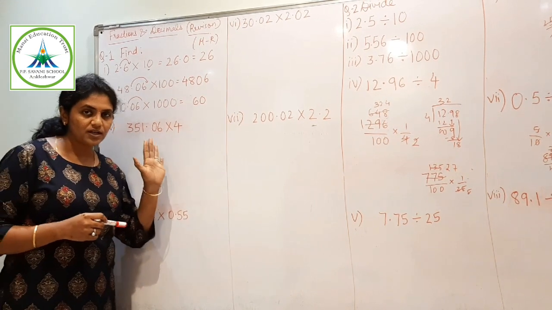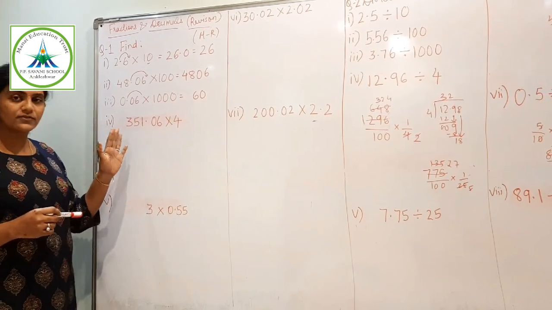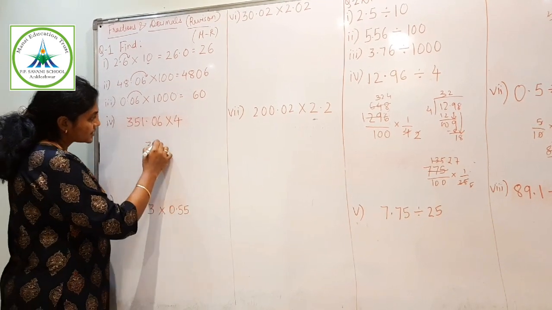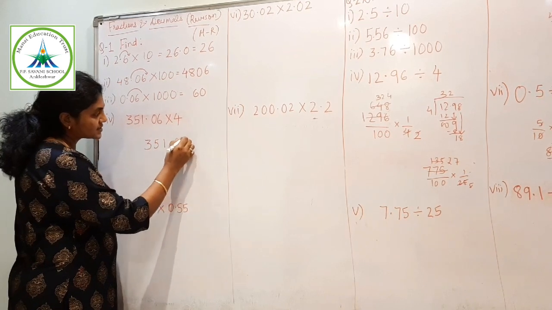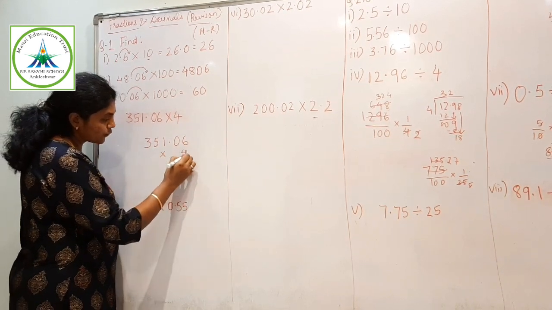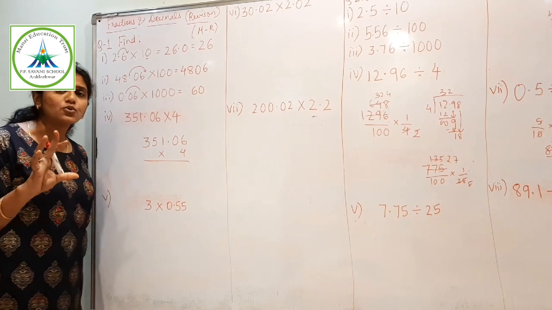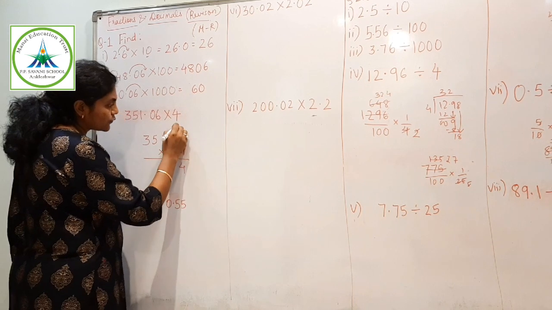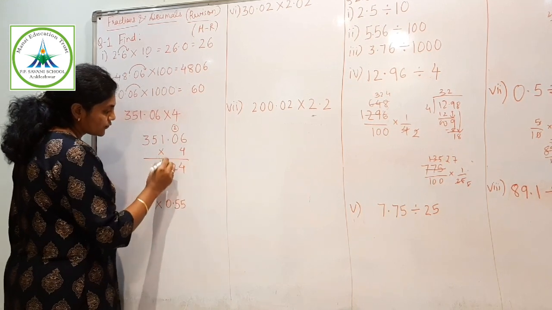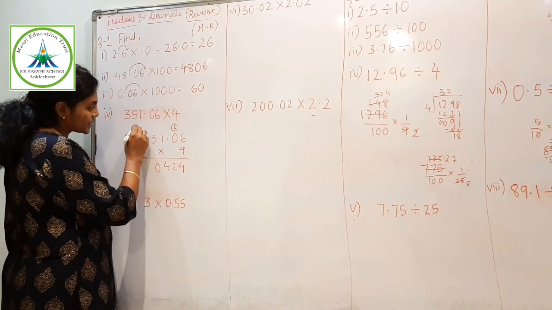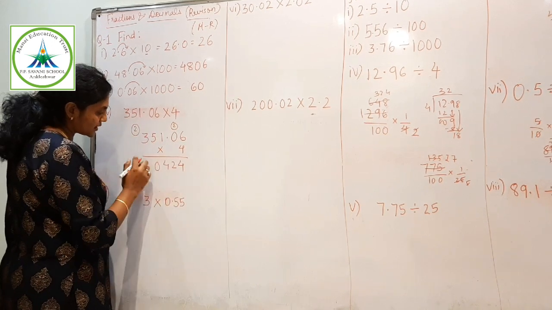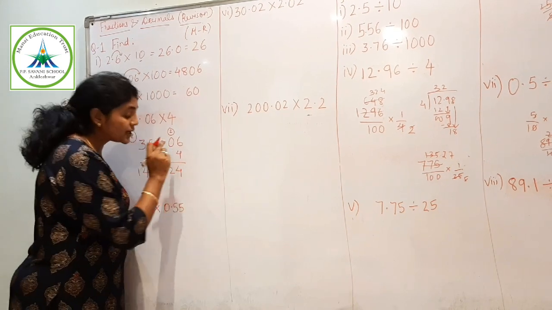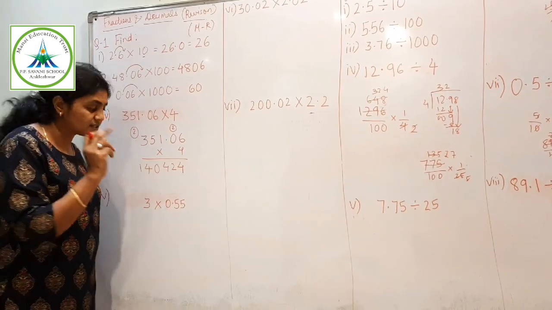Fourth is 351.06 into 4, so multiplication of a decimal number with a whole number. It is very simple. Just do the simple multiplication. 6 fours are 24. 4 ones are 4. 5 fours are 20. 4 threes are 12, 12 plus 2 is 14. After the point, how many digits? Two digits.